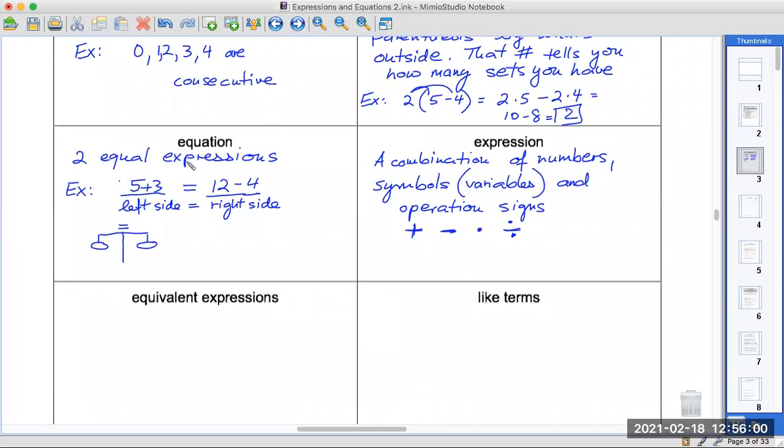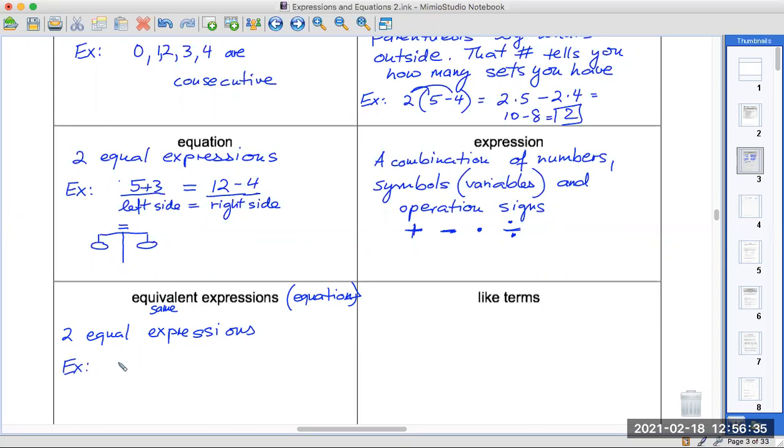Equivalent expressions is like an equation. The word equivalent means same. So, 2 equal expressions. For example, remember I talked about symbols.